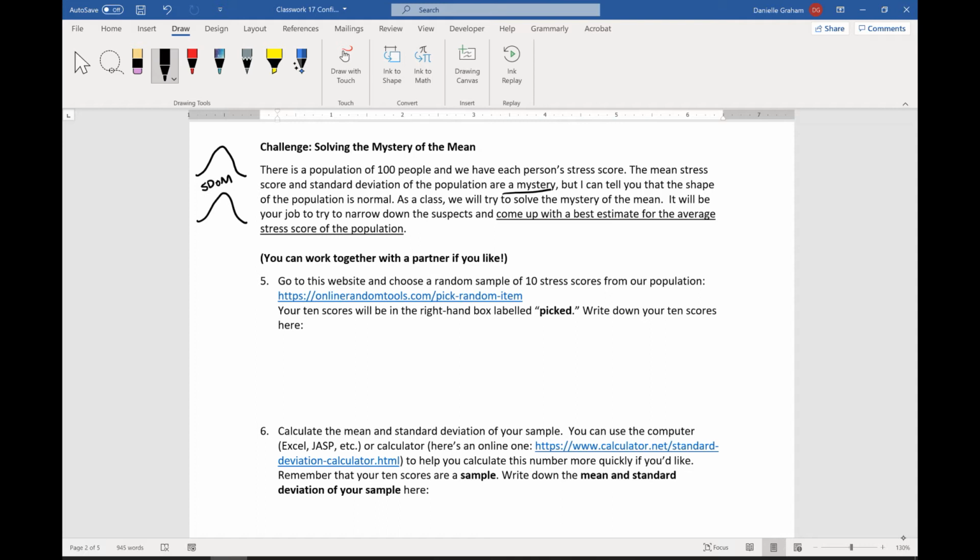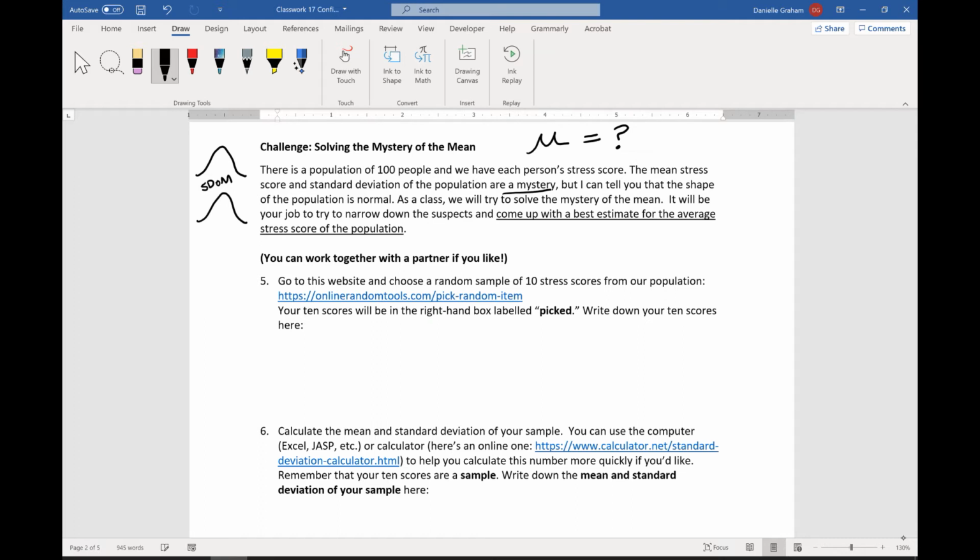Now, as a class, I want you to try to solve the mystery of the mean. I want you to try to figure out, based on just a sample, and then based on looking at what everyone else's sample says, can you figure out what the real true mean of the population is, right? So we are trying to figure out, what is that true population mean?